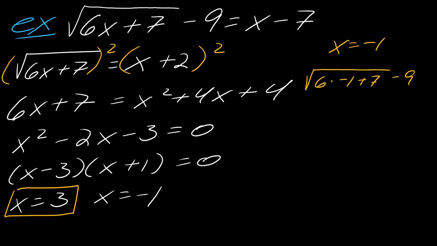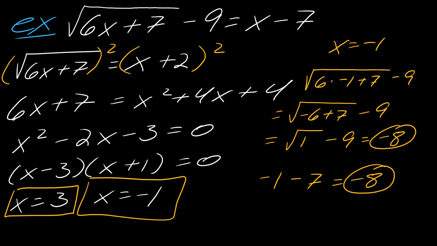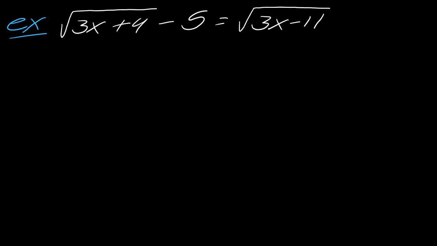I plug in negative 1 where I saw x, and if I work through all of this, I get negative 8. And then if I plug in negative 1 on the right side, I also get negative 8. So those two sides are equal. So actually, in this case, both are solutions. So you could have no solutions, one solution, all solutions. It really just depends on the problem.